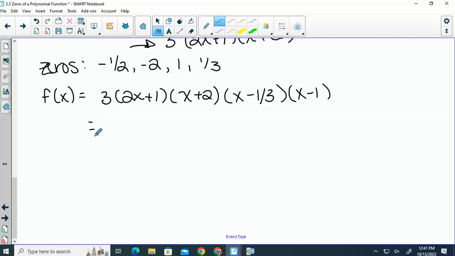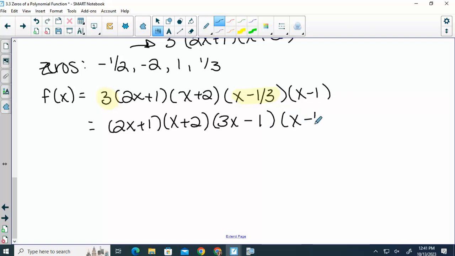You might see this written, also we don't usually have fractions in here, but you can multiply in any order. So if you took the 3 through that parenthesis, 3 times x minus 3 times 1/3, we get this.